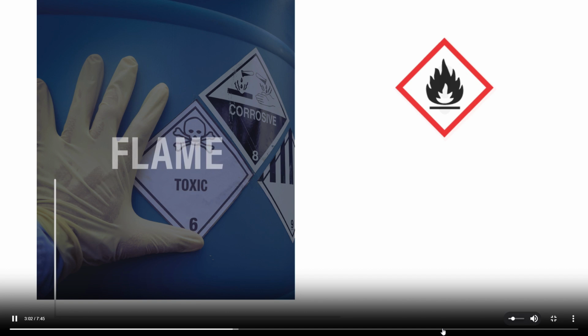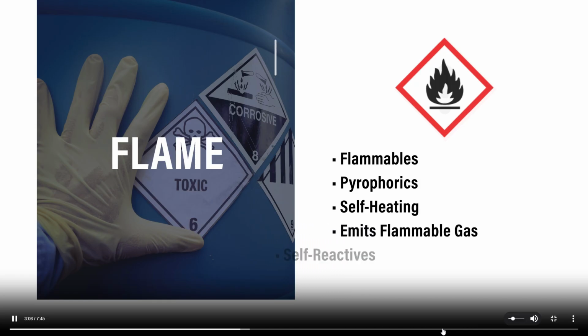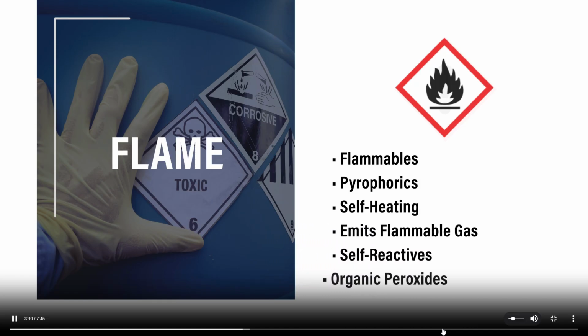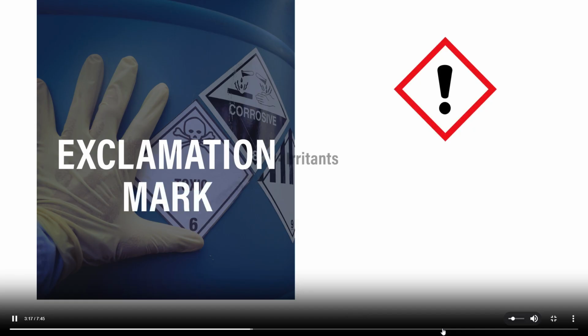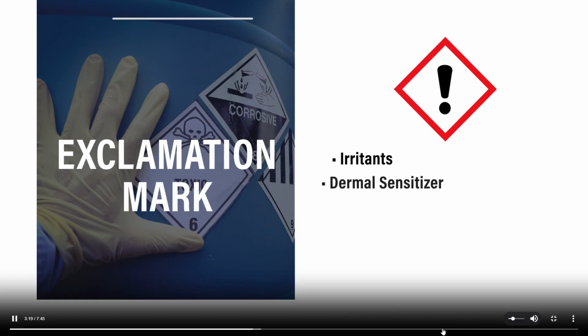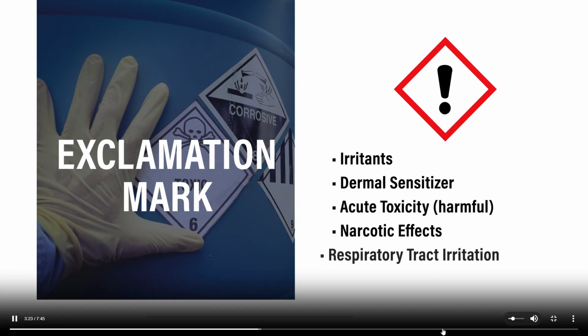The flame pictogram indicates flammables, pyrophorics, self-heating, emits flammable gas, self-reactives, organic peroxides, desensitized explosives. The exclamation mark pictogram would indicate irritants, dermal sensitizer, acute toxicity, harmful, narcotic effects, respiratory tract irritation, HNOC.